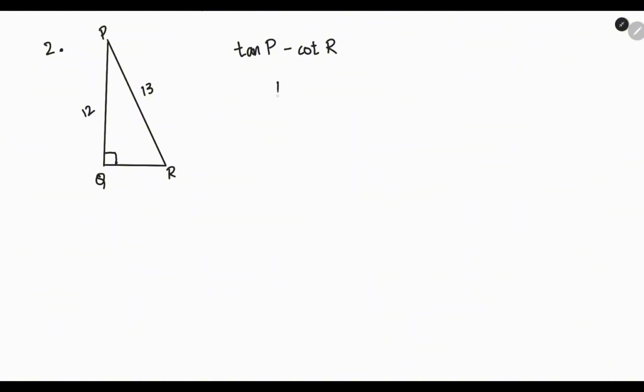Here PR square is equal to PQ square plus QR square, so PQ square plus QR square is equal to PR square. PQ is 12 and PR is 13. So from this we get that QR square is equal to 13 square minus 12 square, which is 5.